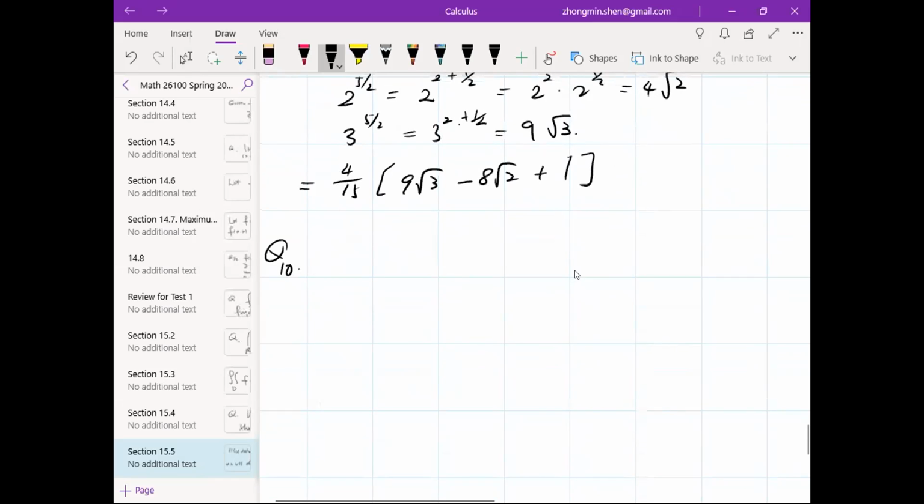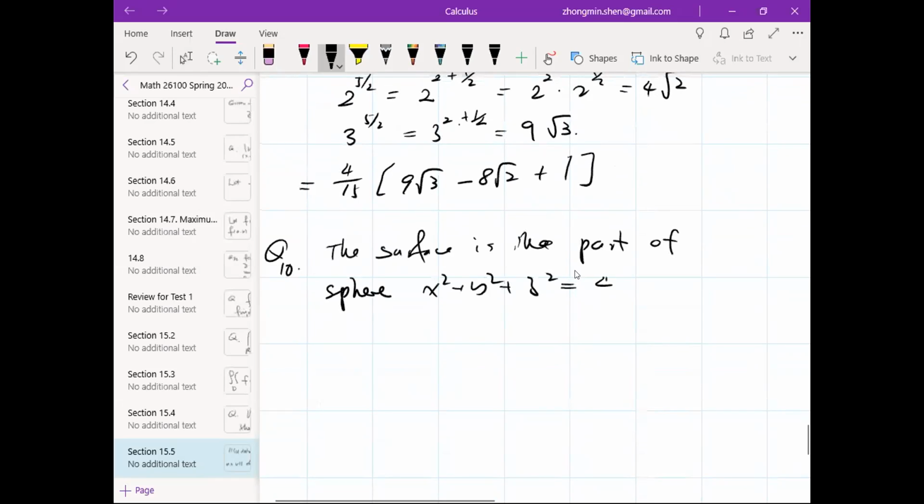Number 10. The surface is a part of the sphere x squared plus y squared plus z squared equals 4 that lies above the plane z equals 1.